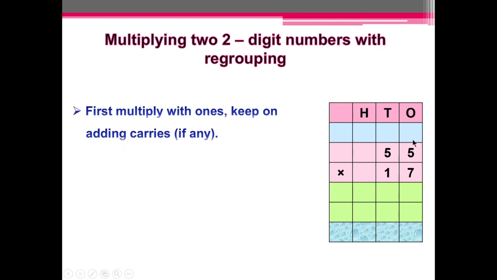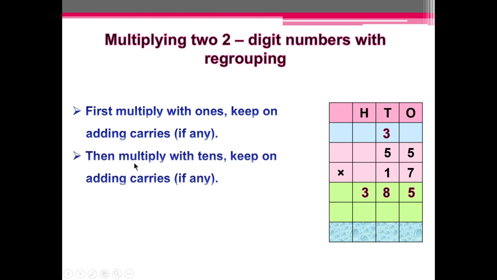So, 5 multiplied by 7 is equal to 35. We'll write 5 here and we'll write 3 here as carry of ones. Next, 5 multiplied by 7 is equal to 35. 35 plus 3 is equal to, can you add for me? Very good, 38. We'll write 8 here and we'll write 3 here.